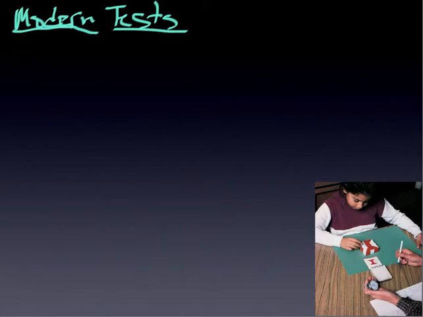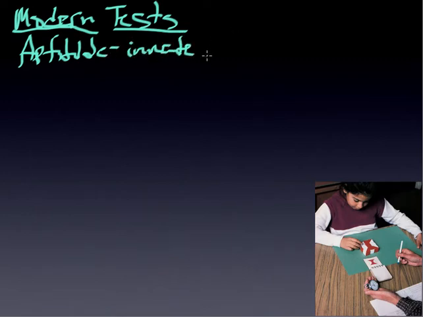First of all, aptitude. Aptitude, by its nature, like I mentioned before, has to do with innate abilities. It also has something to do with predicting somebody's future performance, and that's usually what aptitudes are looking at.